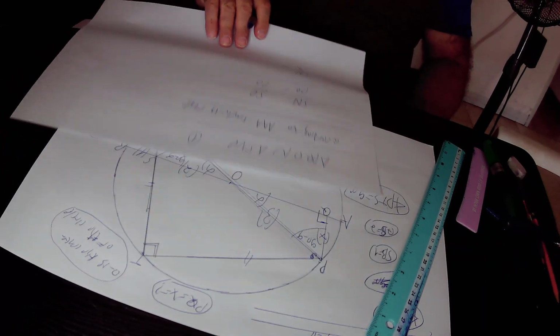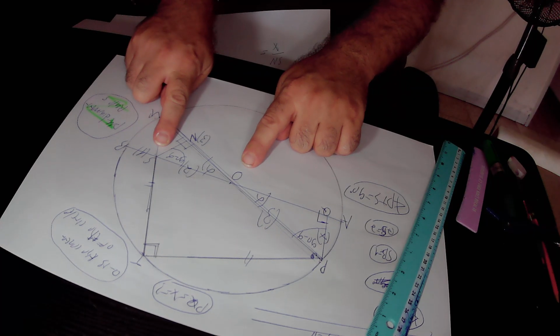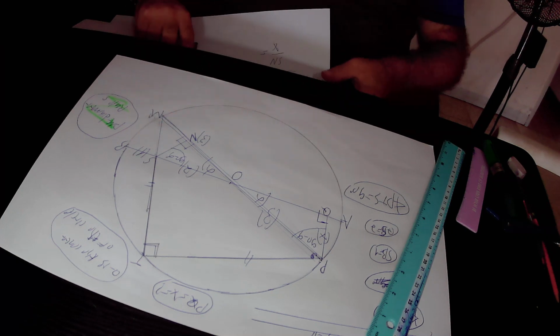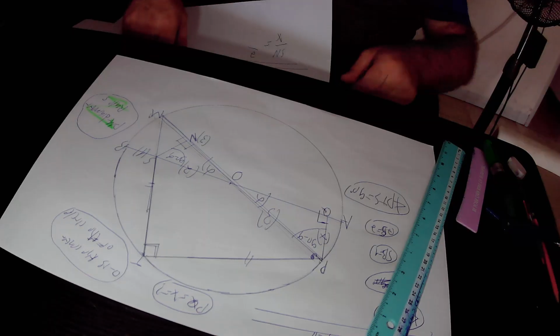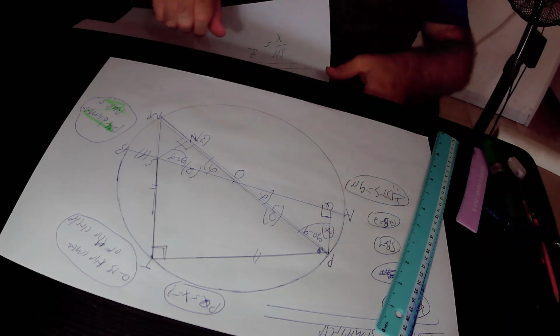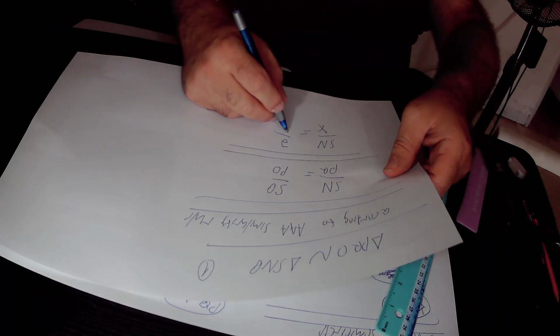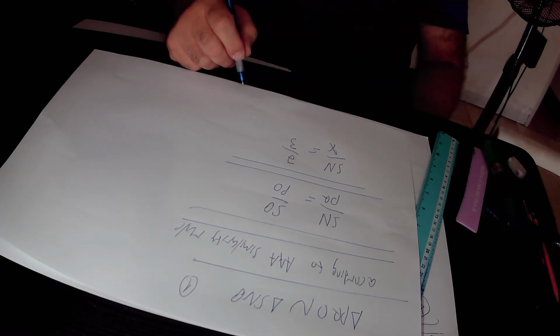And it is equal to SO. SO equals 2 units in its length, according to what is given in the question. Over PO. PO is the radius of this circle that is equal to 4 units in its length. So in total, we have found out that SN over x equals 2/4.